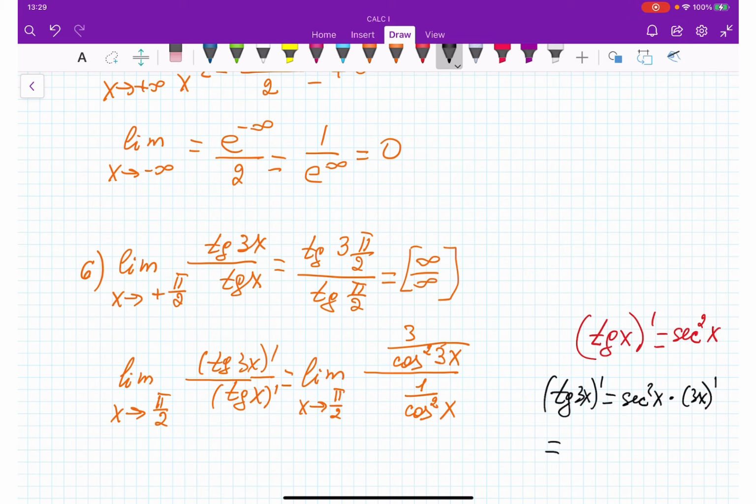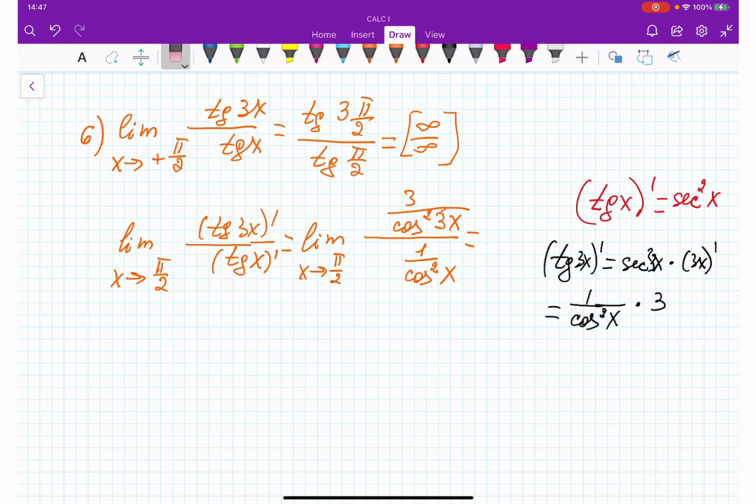So secant squared is 1 over cosine squared 3x, and times the derivative of 3x, which is 3. So this is equal to 3 times the limit as x approaches half pi of cosine squared x over cosine squared 3x.